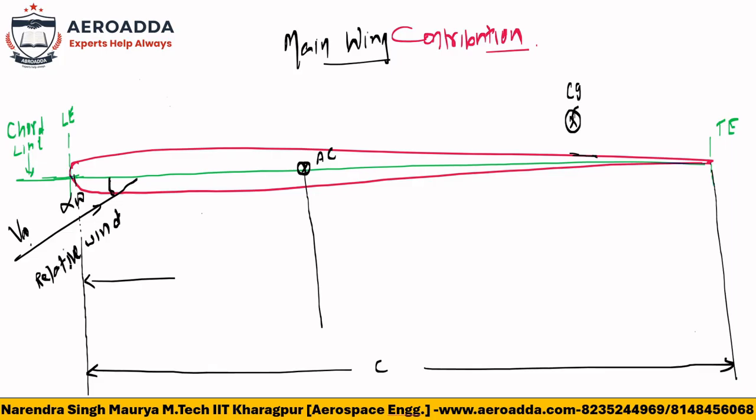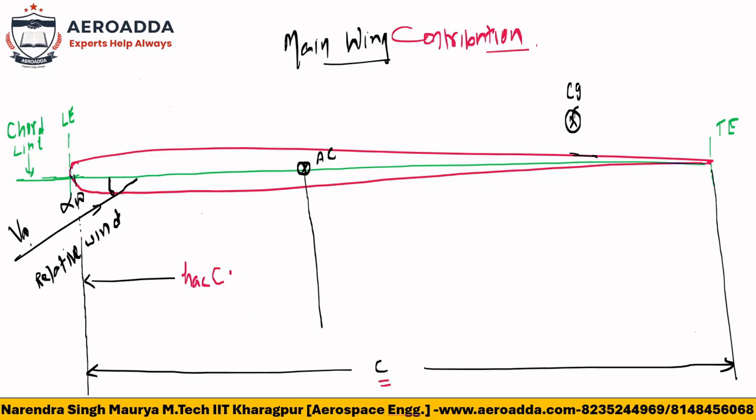So for that reason, I'm also going to take the same notation, which is HAC. HAC is the location of the aerodynamic center from the leading edge in fraction of c, where c is the chord length.